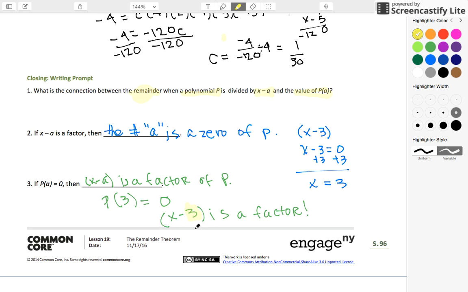Okay, so before you had to do long division, before you had to do reverse tabular method, this is now another way for you using the remainder theorem to conclude whether or not a factor is indeed a factor of a polynomial. Okay, so go ahead, write your summary.